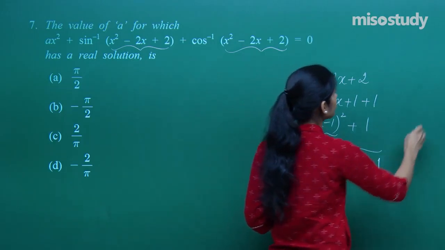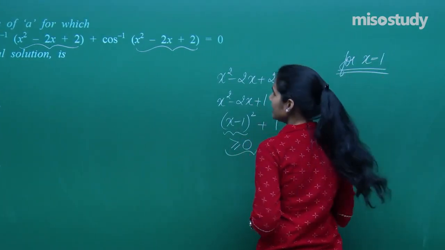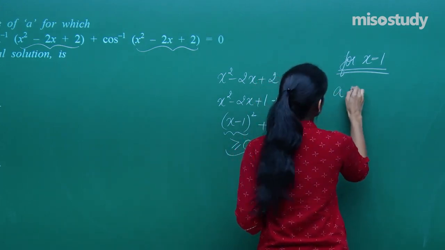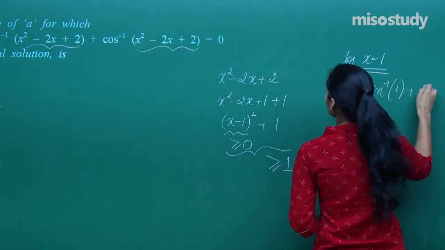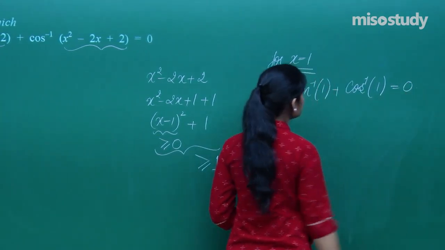So only for x equals 1 we have this valid. So when you put x equals 1, you get a plus sine inverse 1 plus cos inverse 1 is 0.